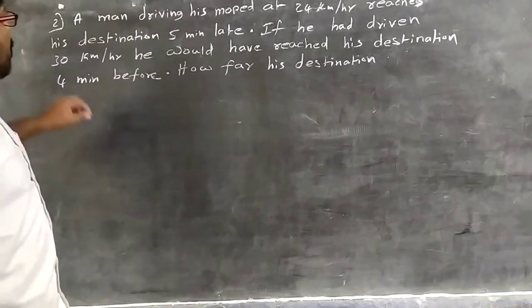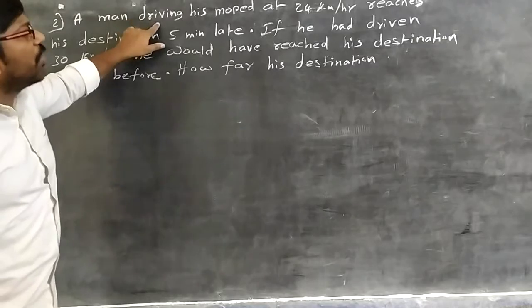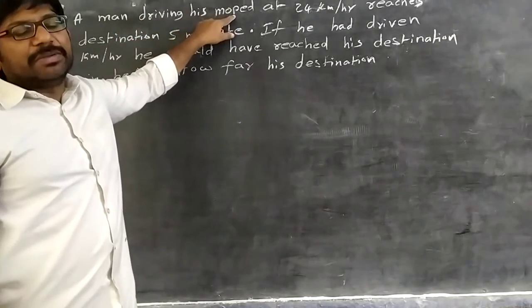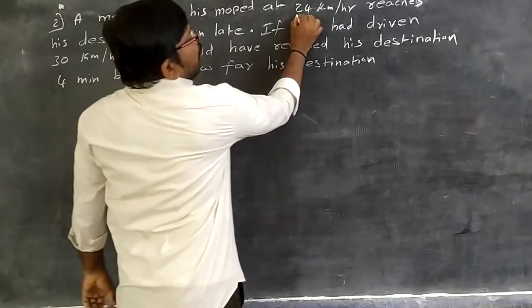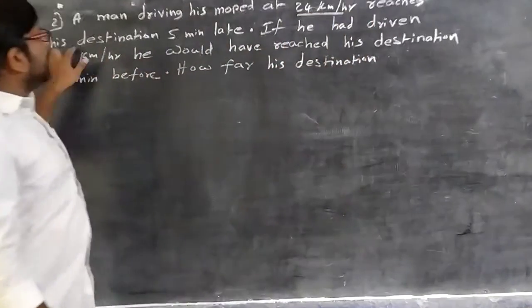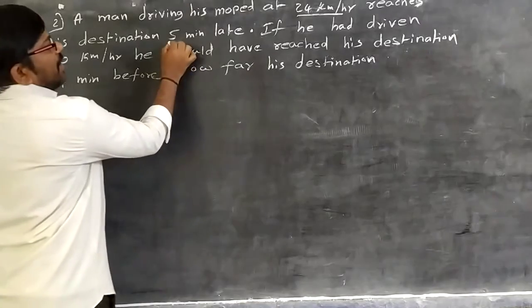Next, go for the second problem. A man driving his moped, meaning motorcycle, at a speed of 24 km per hour reaches his destination 5 minutes late.